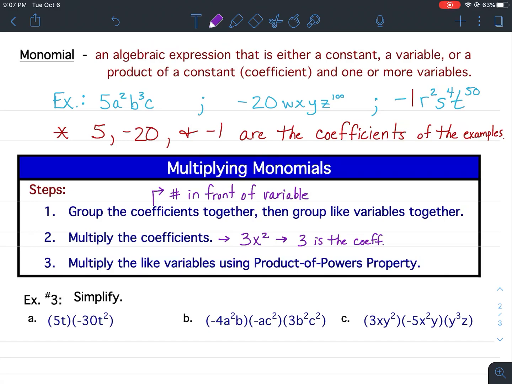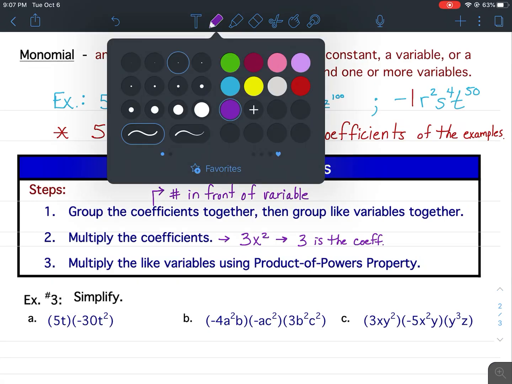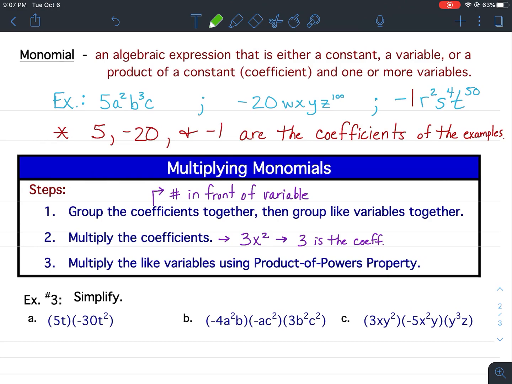And the number of coefficients depends on the amount of parentheses there are. So the number of parentheses is the number of coefficients. This will make more sense when I do some examples with you.